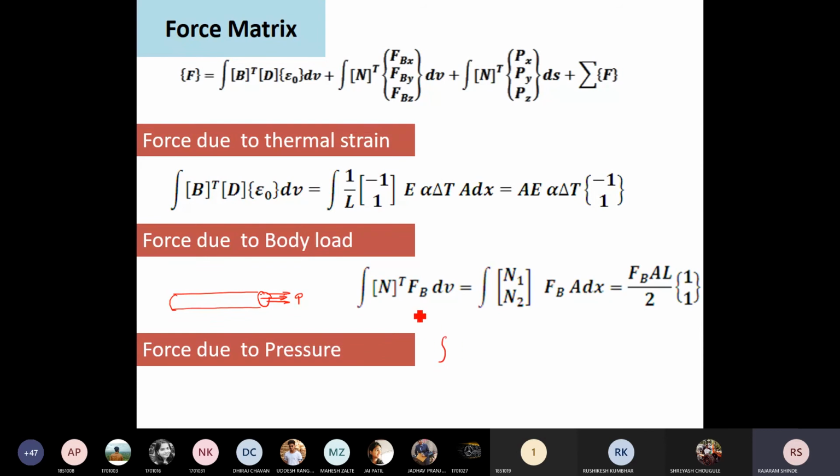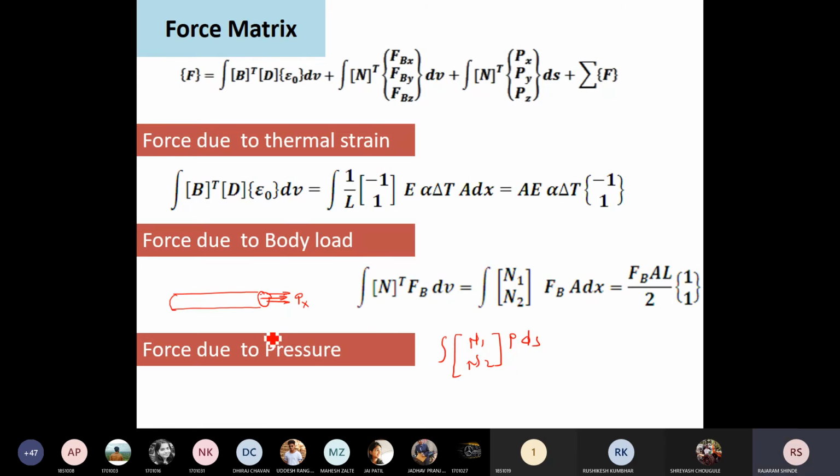It is also N transpose times Px, Py, Pz, and out of that we have only Px, because we have a one-dimensional element. So your N transpose is N1, N2, into P ds.